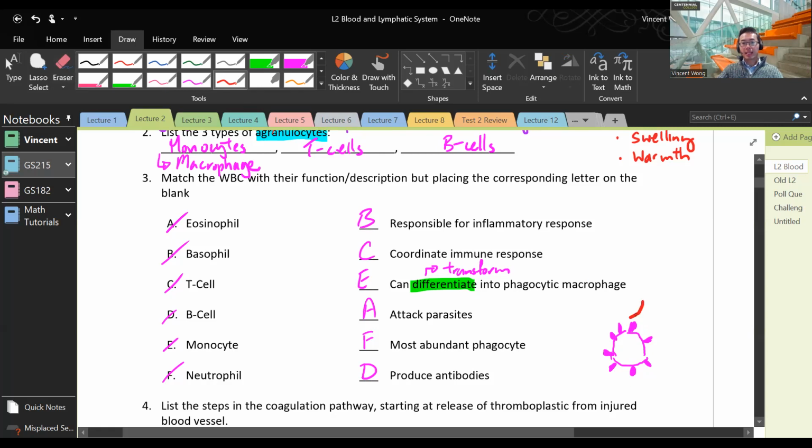So you will make antibodies that recognize them. There's a key and lock relationship between the antibodies and their target. And the cell that is responsible for making these antibodies is the B cell.